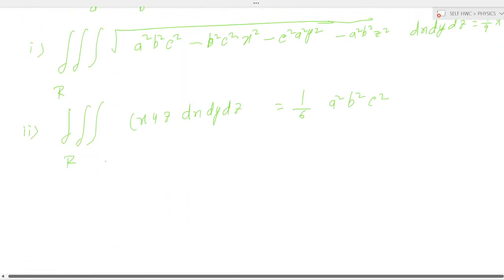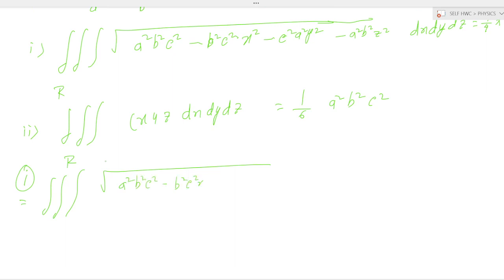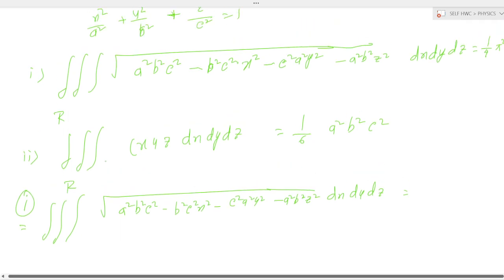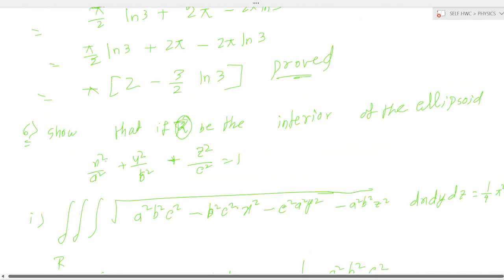So first the given question, it is question number 1. This question is the triple integral of root of (a²b²c² − b²c²x² − c²a²y² − a²b²z²) dx dy dz, which is equal to 1/4 pi² a²b²c². How to prove this problem?